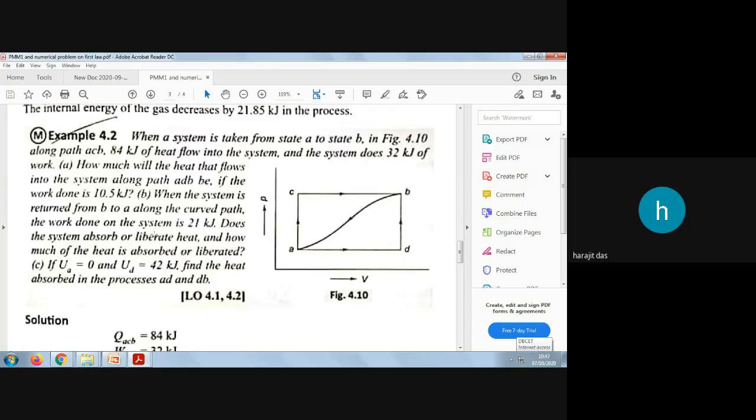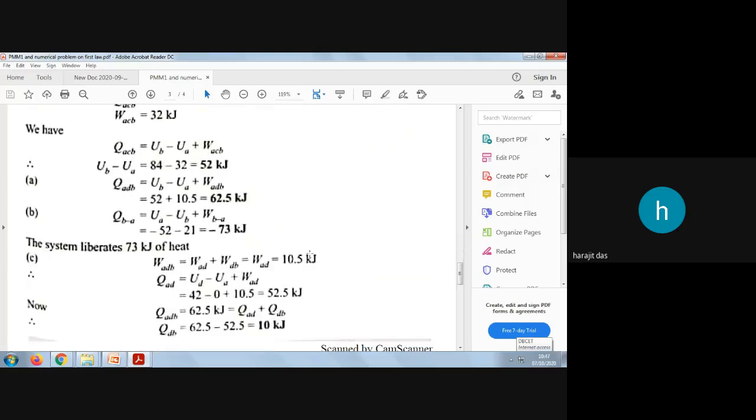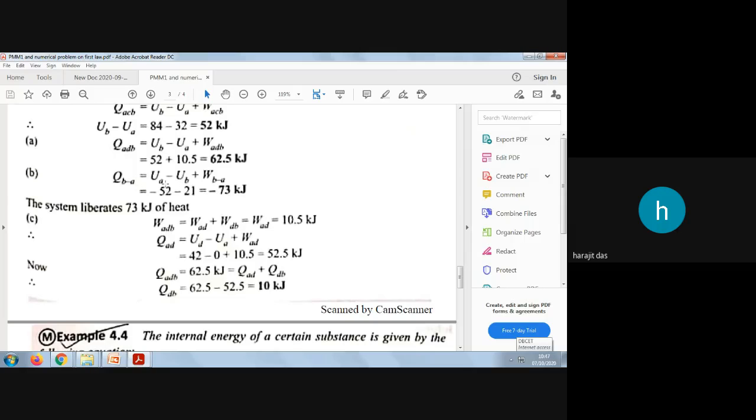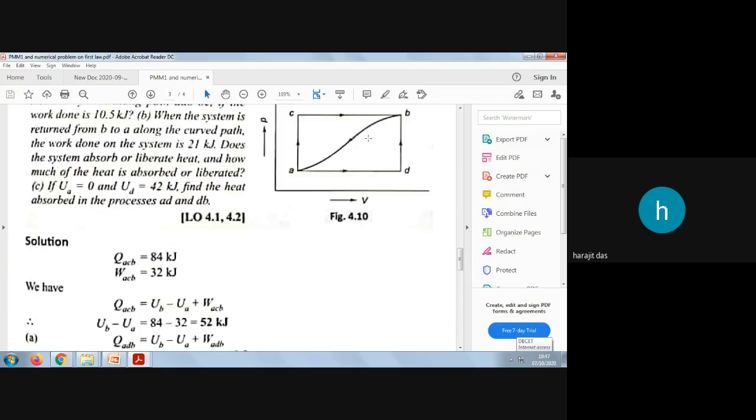We will apply the first law for this process. QBA will be equal to UA minus UB plus WBA. For Q from B to A, the final point is A because the arrow mark is given this way.